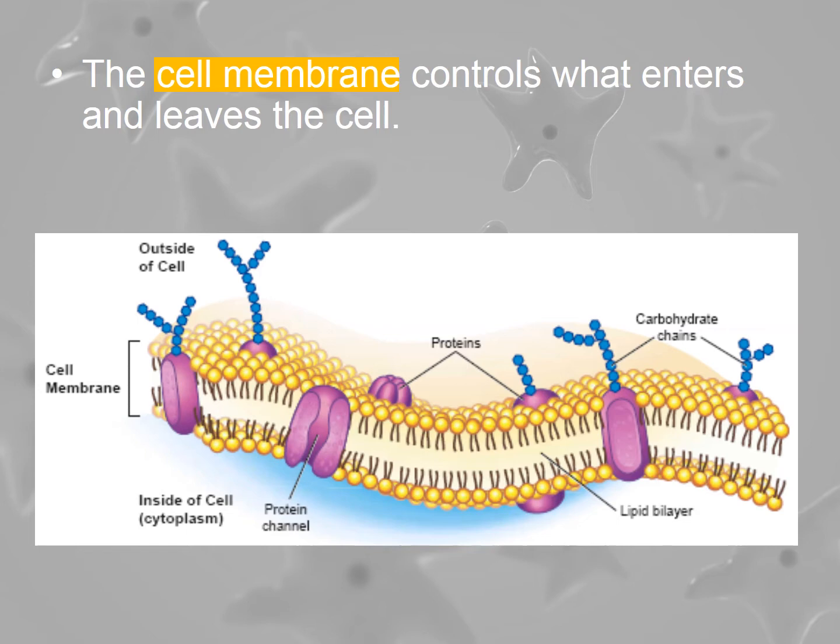The guard determines who can enter and leave the factory. That's kind of how the cell membrane works. You can think of the cell membrane as a screen on the window. It'll only let certain things in and out. So I want you to write down one of those analogies, or maybe you have a different one that you like, but you need to write down something that will help you remember what it is.